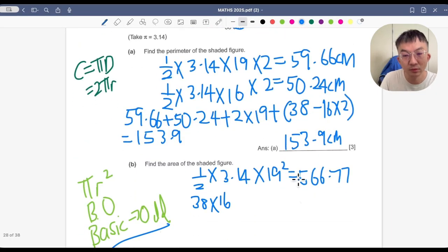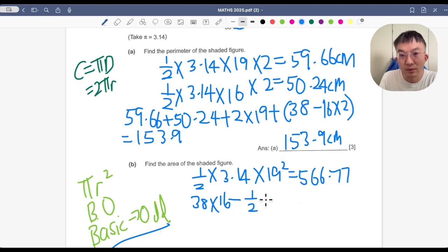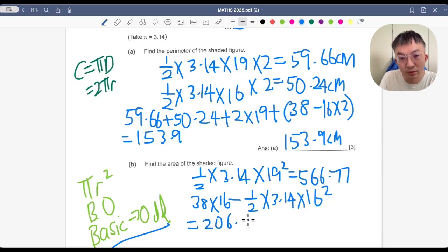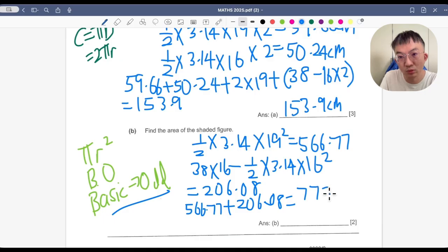Then you minus off the two smaller quadrants that you can combine to form a semicircle, and that's 3.14 times 16 square. If you use a calculator, you get 206.08. And then you add them together, so it's 566.77 plus 206.08, and then you get 772.85. And that's your answer.